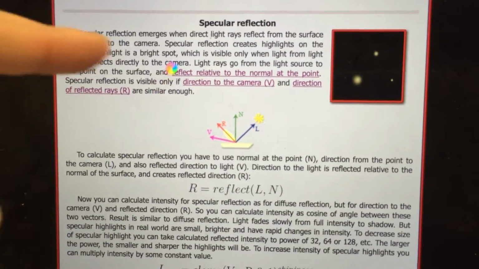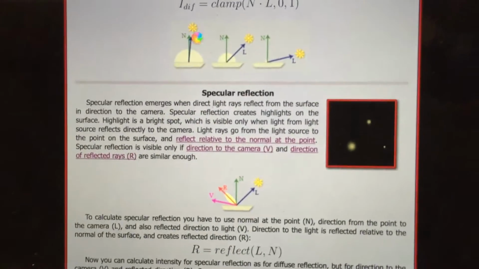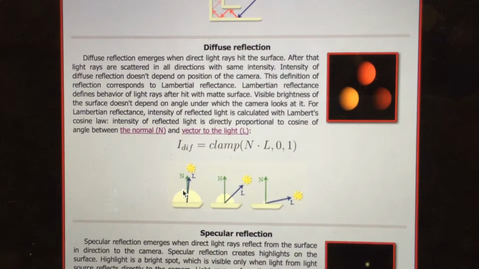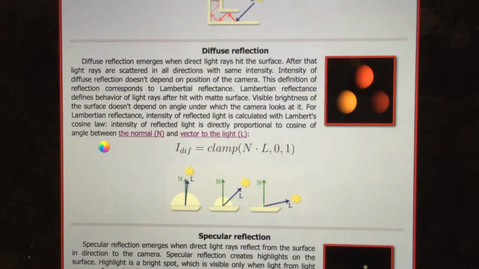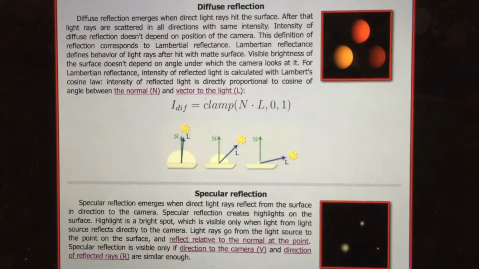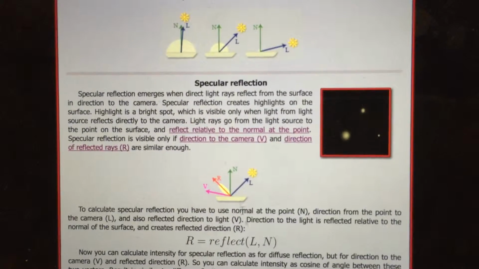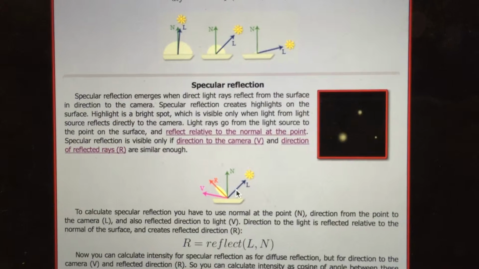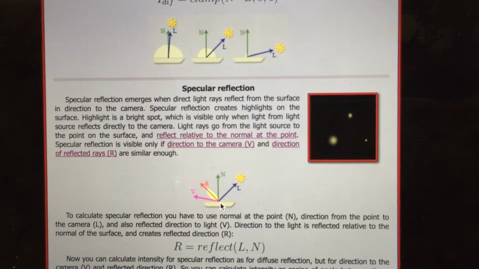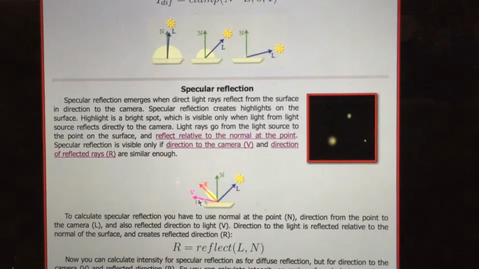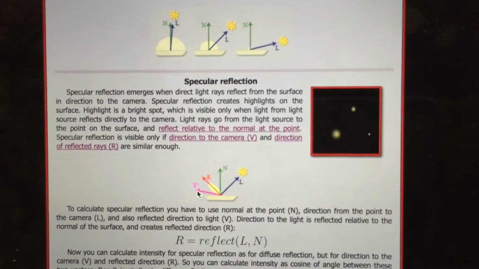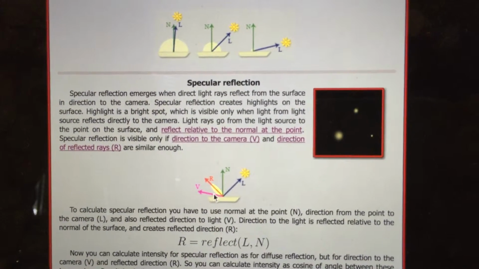For the diffuse light, we only need the light source and the normal vector, and the light intensity is related to the cosine of the angle between these two vectors. For the specular reflection, we calculate the reflection direction vector from the light source and the normal, and V is our observation angle.